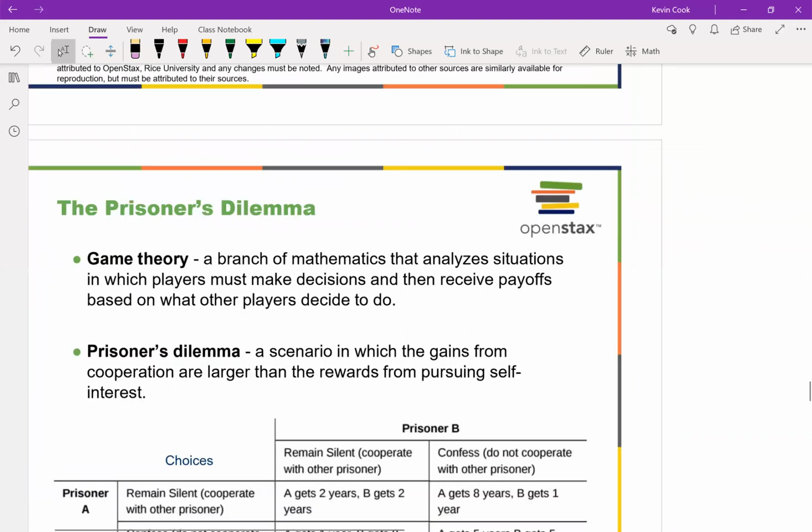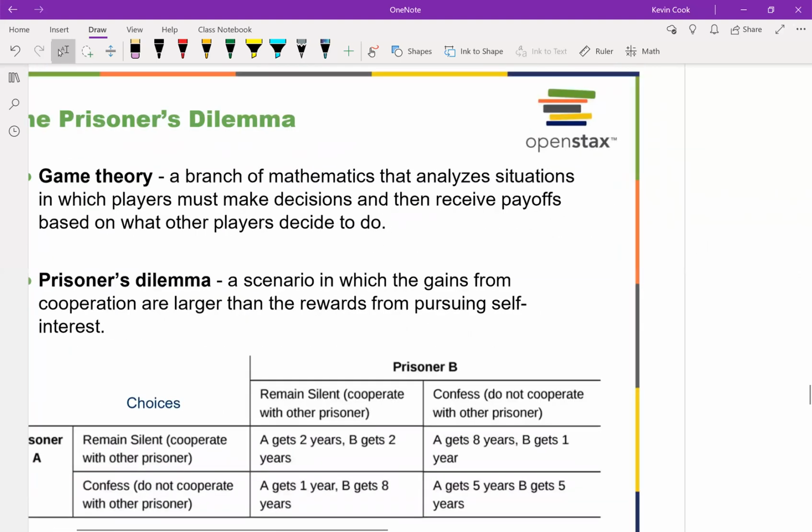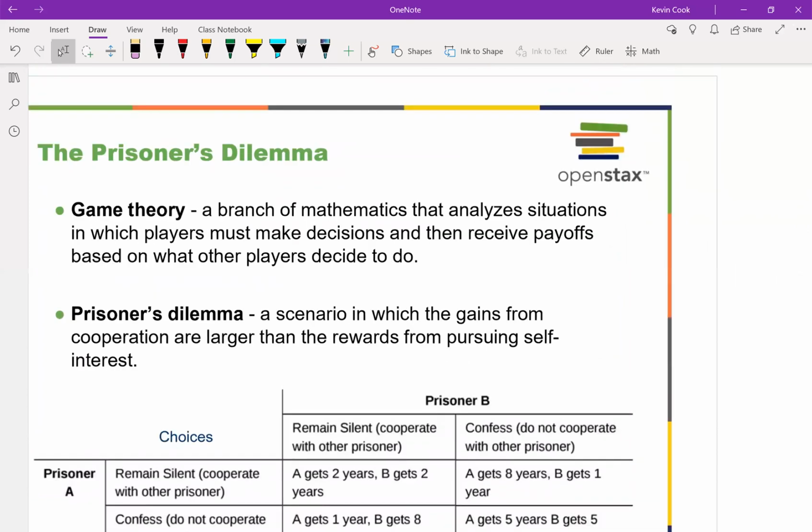So what we're largely going to be looking at is this branch called game theory. This is technically a branch of math, but it's heavily used in economics. And this was my favorite part of grad school. This is my favorite part of everything. With game theory, we want to look at how players are behaving.